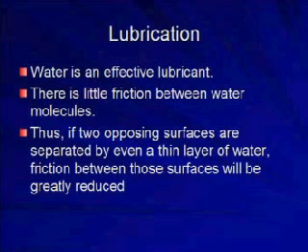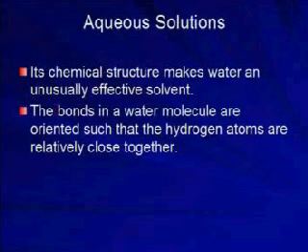All are based upon two opposing surfaces with a thin layer of water which will reduce friction. Again, these will be discussed in much more detail as we go through those specific organ systems later on in the lecture series.